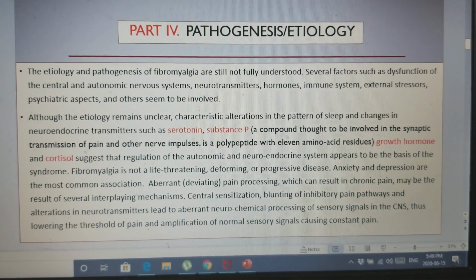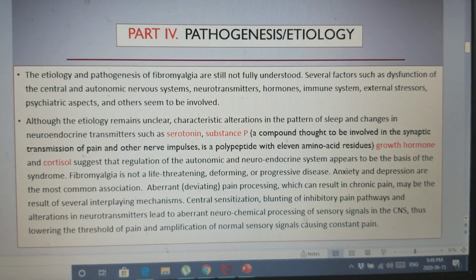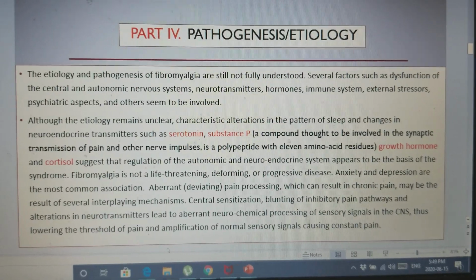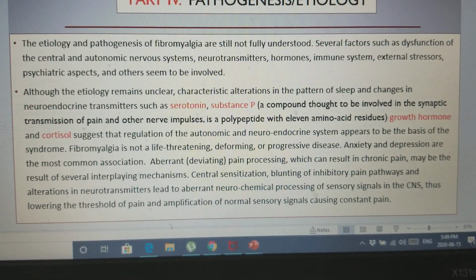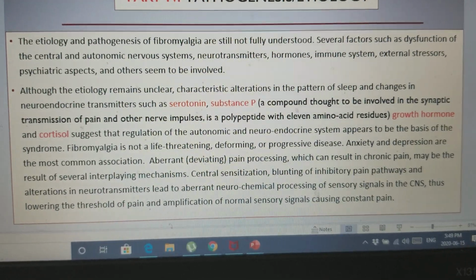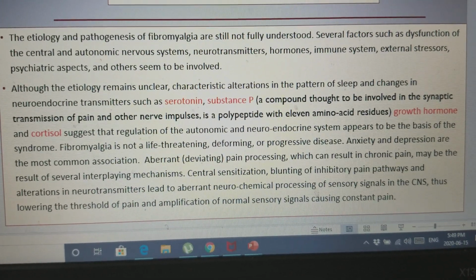Now there's the pathogenesis, or the etiology, of fibromyalgia. So we can just take a look at here.